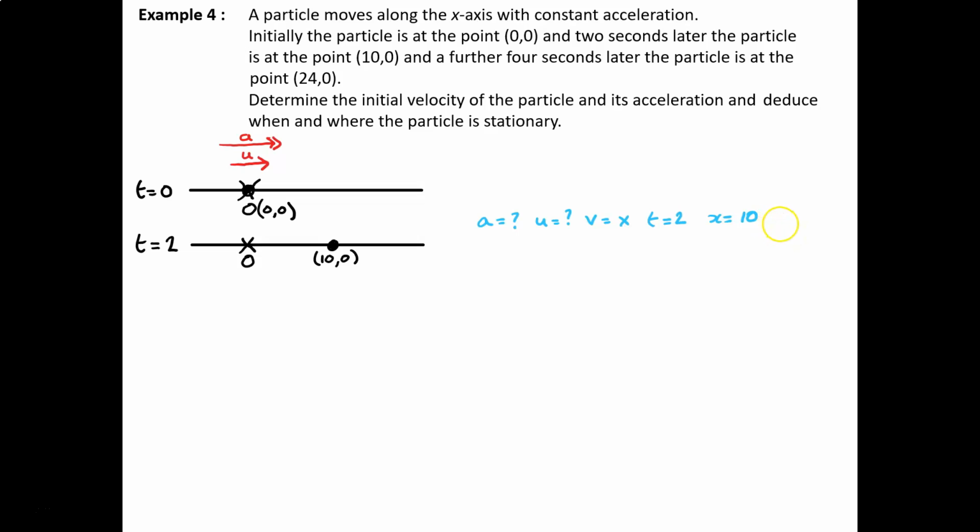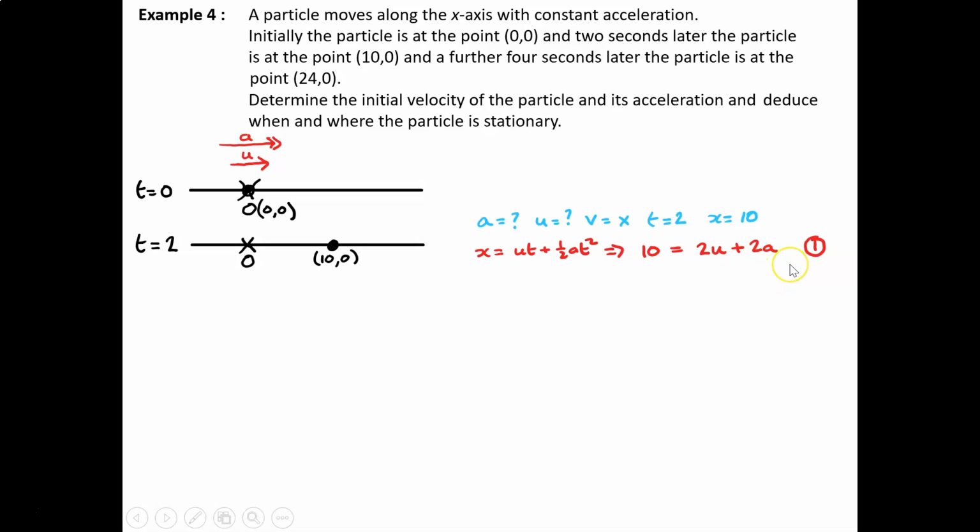It doesn't matter what you use, but we'll use x in this question instead of s. So x is 10. So the equation we need would be this one, which does not include v. So putting values in, we get 10 is equal to 2u plus 2 squared divided by 2 is 2a.